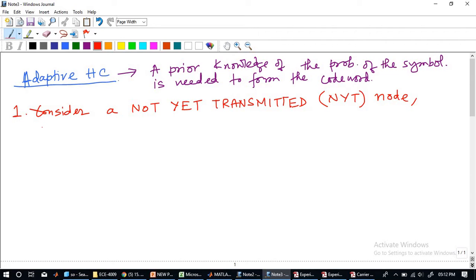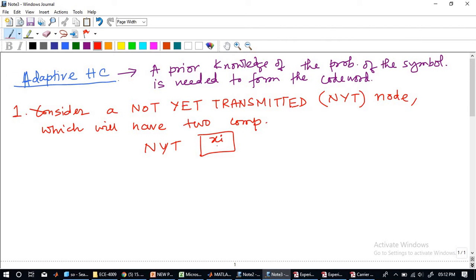which will have two components. An NYT, or not yet transmitted node, should look something like this.